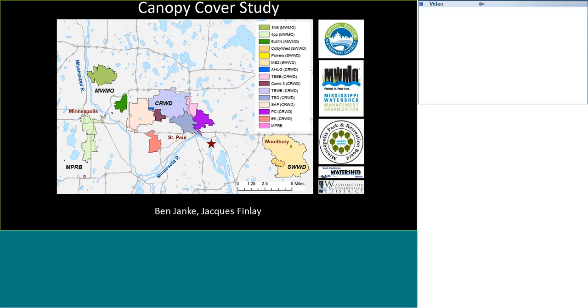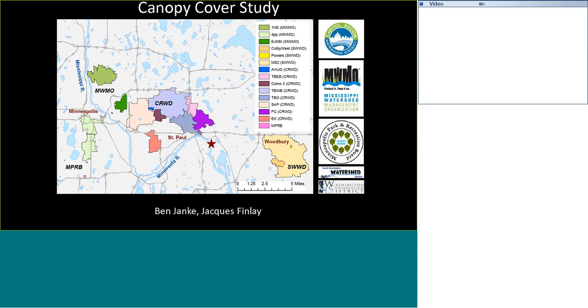We were really pleased to be able to obtain so much monitoring data across a number of different watershed management organizations and watershed districts, and we have data from Minneapolis Parks and Rec as well. We put all of these data together with information on tree canopy cover that has been measured from remote sensing by the University of Minnesota remote sensing lab.